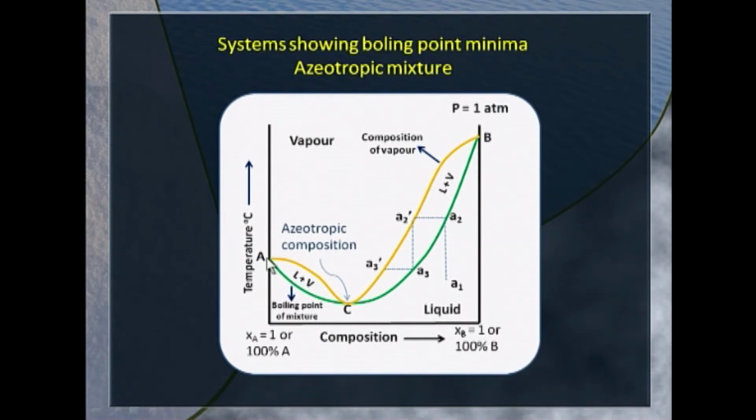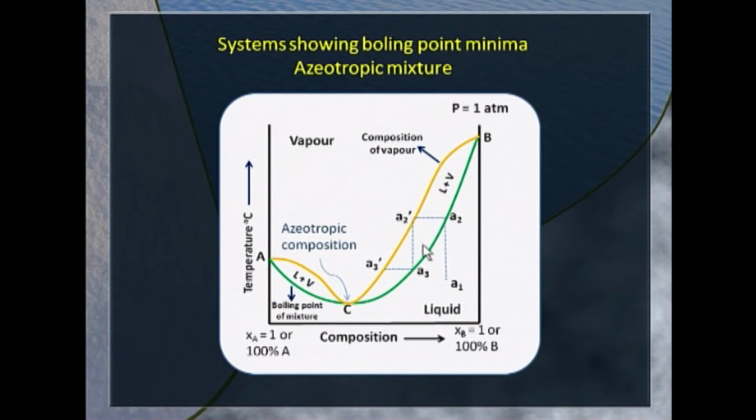So we have A and B with differing boiling points, and the boiling point curve of the mixture, which is shown here, shows a minimum. So these are the systems which show boiling point minima.